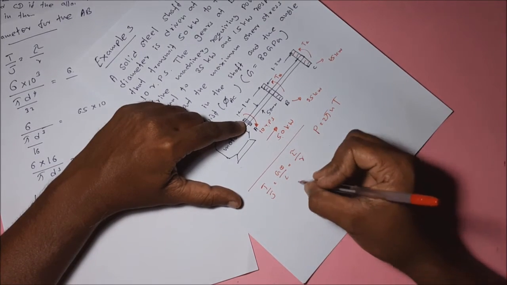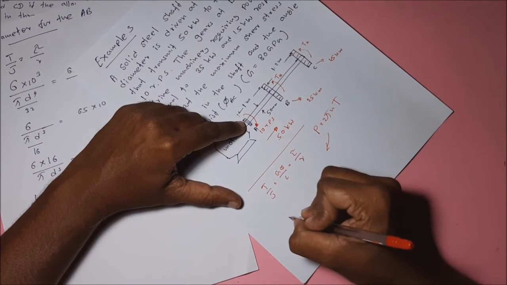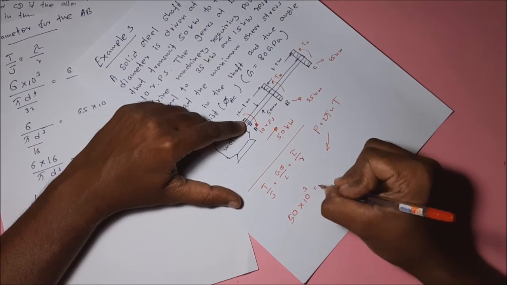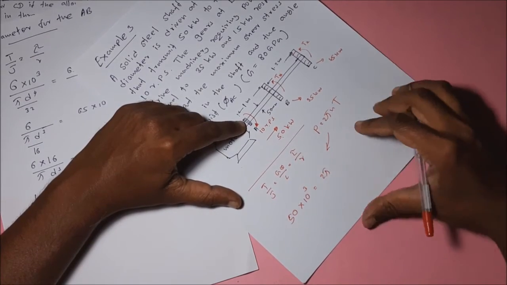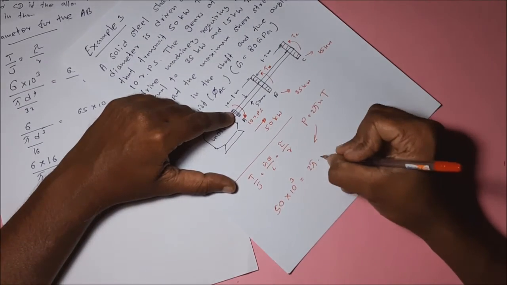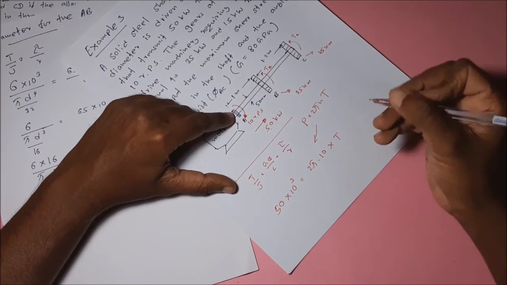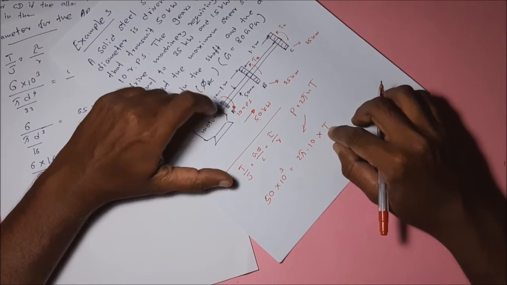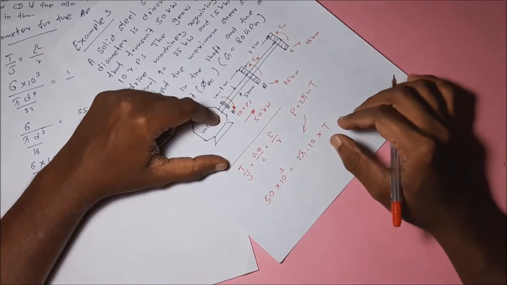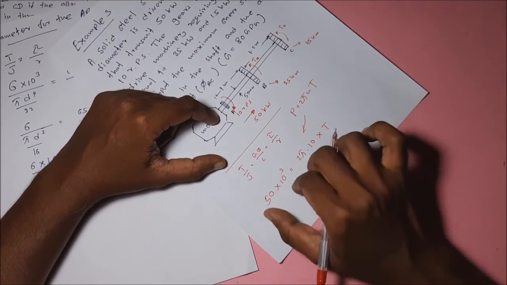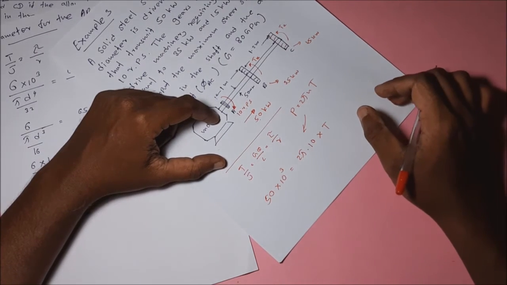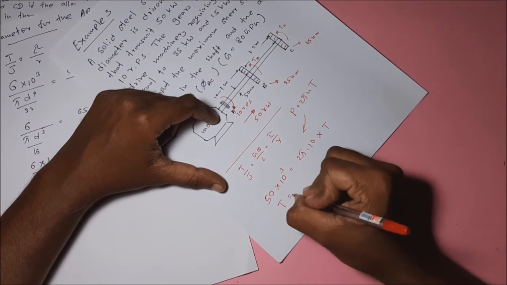The power transmitted to the shaft is equal to 50 into 10 to the power of 3, equals 2 pi into the number of revolutions per second, 10, into T. Then we can calculate the torque developed by the motor at this speed, 10 revolutions per second, because it produces the power 50 kilowatt. I will find the answer for this one.